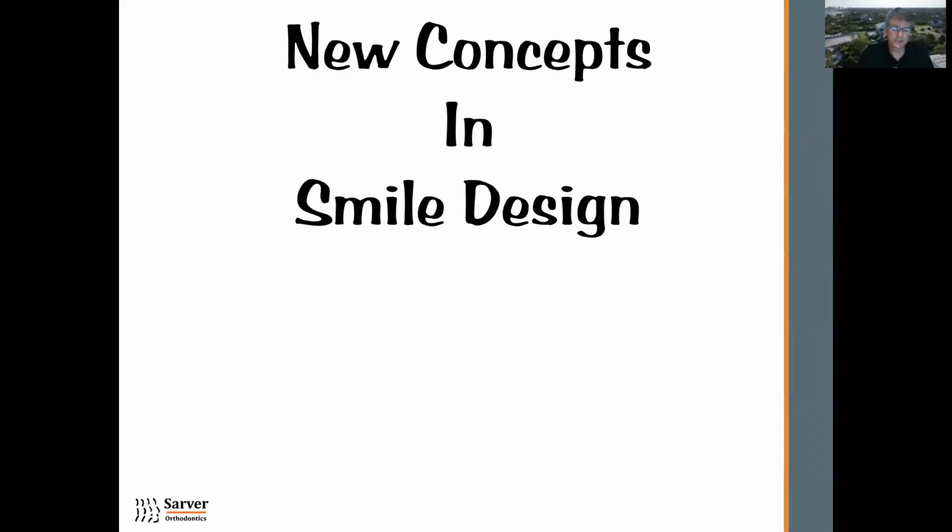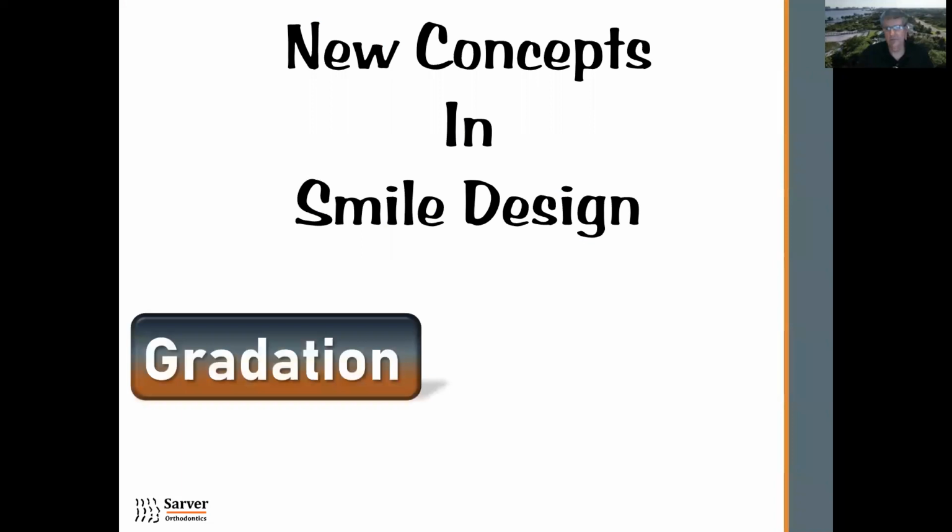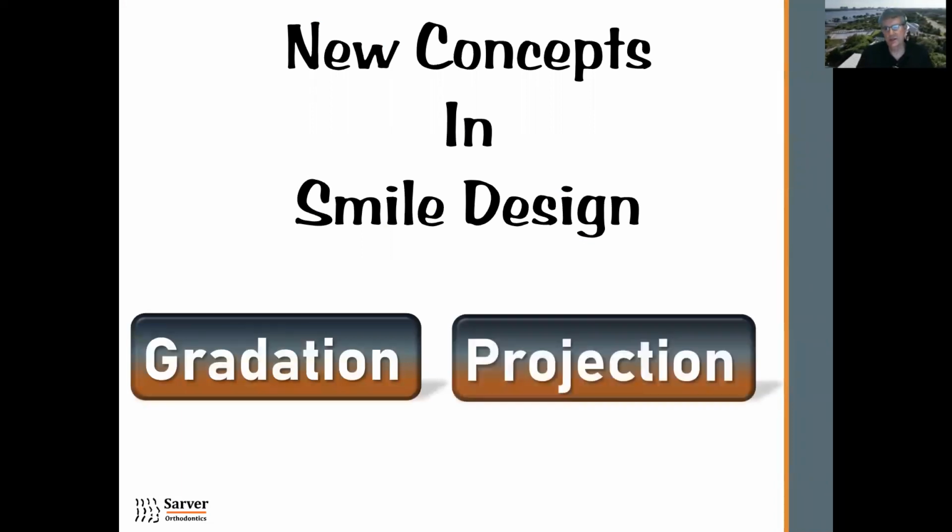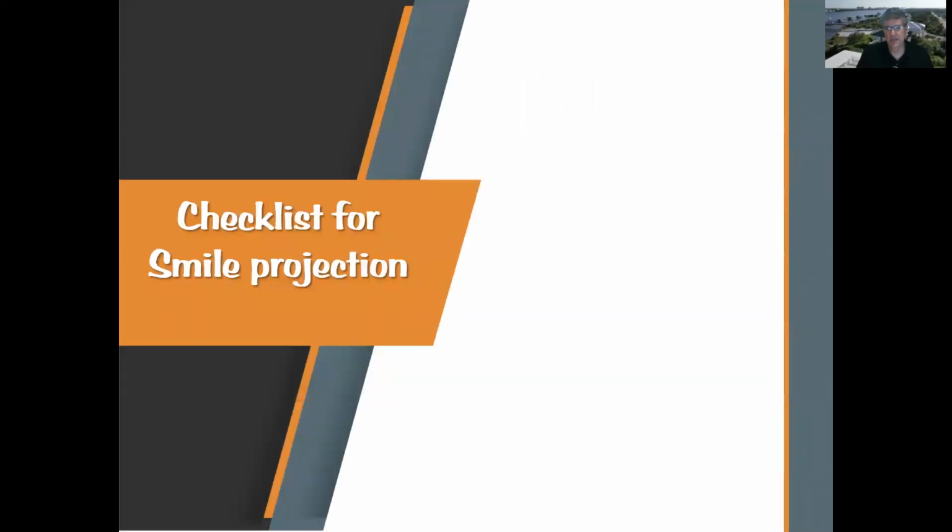You've gotten a good example of that, but there's some other concepts I want you to be aware of. One is gradation, the other is projection. I'm going to skip gradation for time, and I'm going to go to what I think is really quite important. Not that gradation isn't, but smile projection is one that really sort of gets your attention.